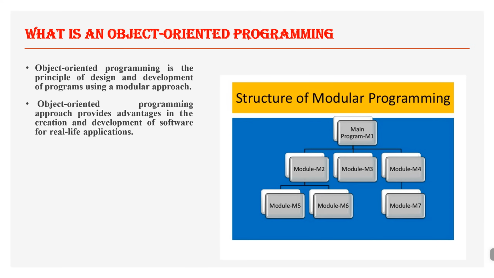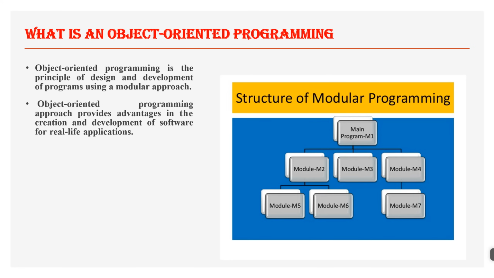So, object-oriented programming is a principle of design and development of such modular programs, and this programming approach provides advantages in the creation and development of software for real life applications.